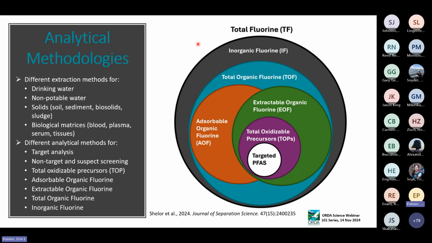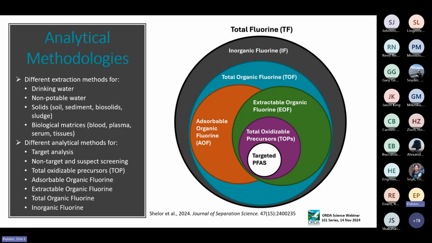There are lots of contract labs, and the EPA is also working on validated methods for pretty much all of these. I don't know about the inorganic fluorine, but most of these the EPA is working on validated methods for. USGS has methods for the targeted, the non-targeted, and I believe the EOF.